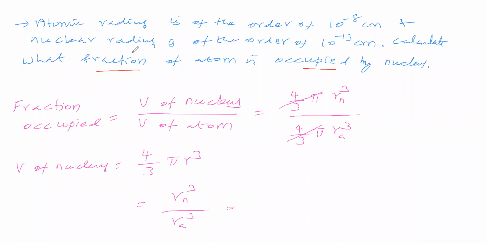Radius of nucleus is 10 power minus 13 centimeter, cube, by radius of atom, which is 10 power minus 8 centimeter, cube. We substituted and calculated the ratio, which is 10 to the power of minus 15. So fraction occupied, volume of nucleus by volume of atom, is this much.